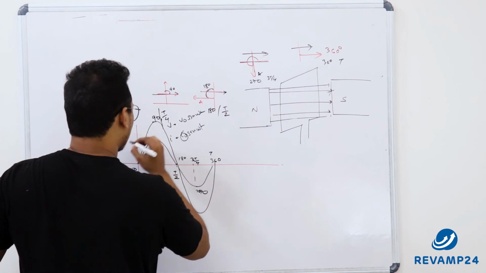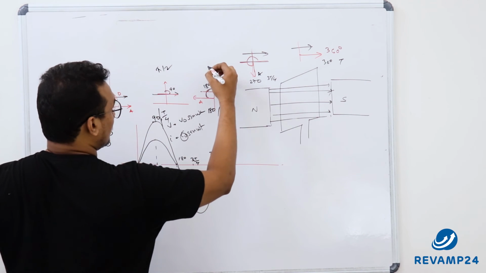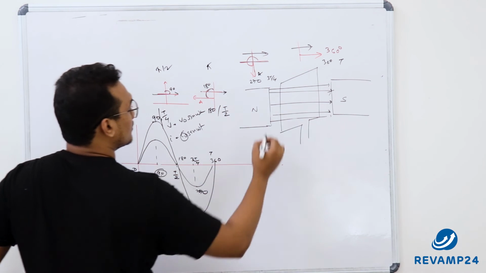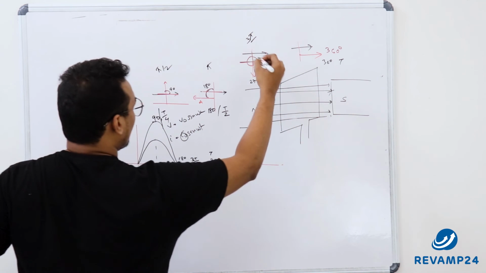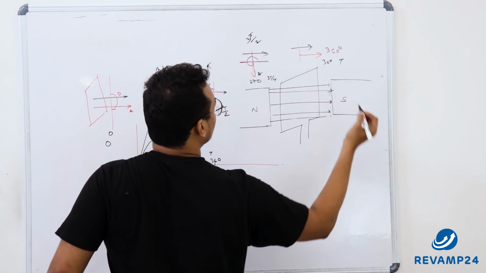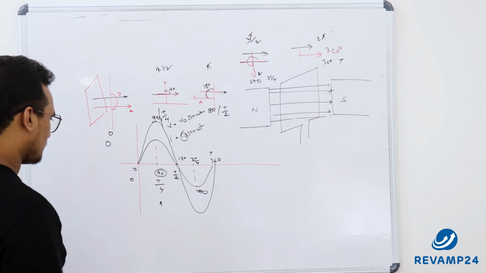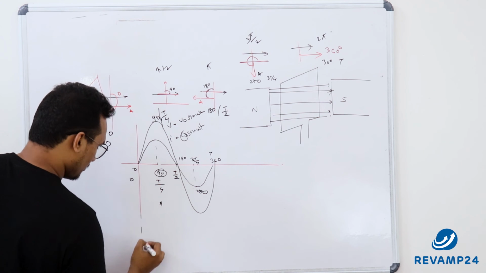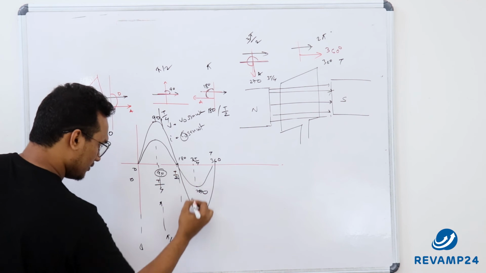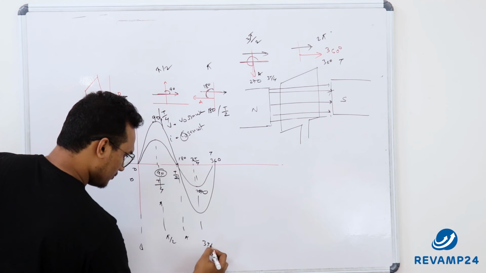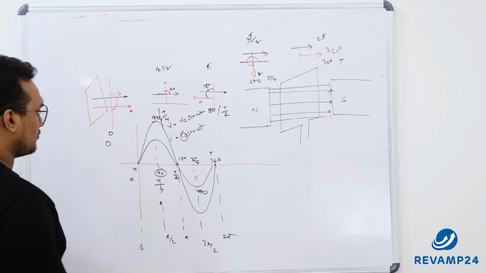So 0 radian, pi by 2 radian, pi radian, 3 pi by 2 radians, then 2 pi radians.